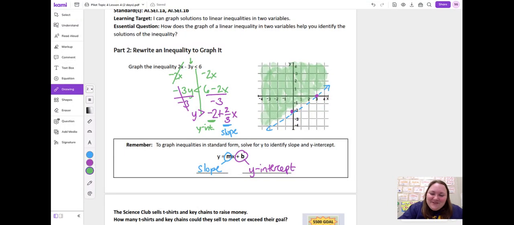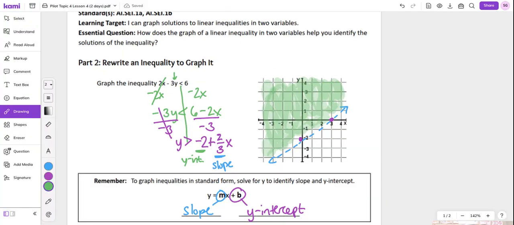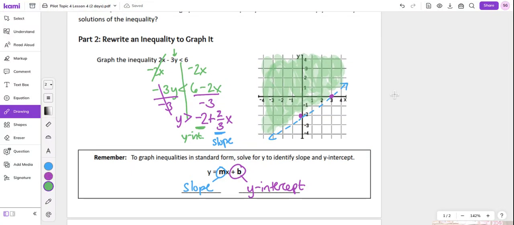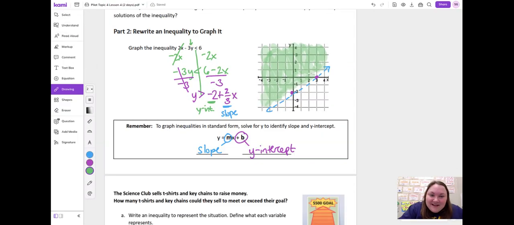Okay. There are three things we're looking for on this graph. The first is that we want the y-intercept to be at negative 2 and the slope to be 2/3. So I have my point at negative 2 and I went up 2 over 3. The second thing we're looking for is what type of line.